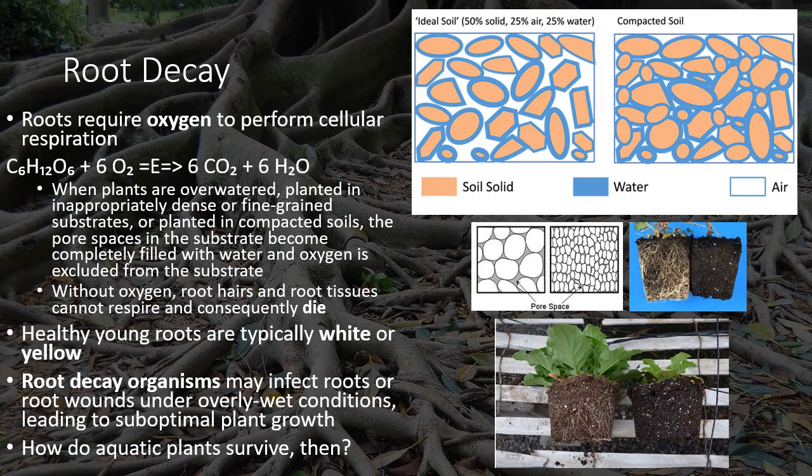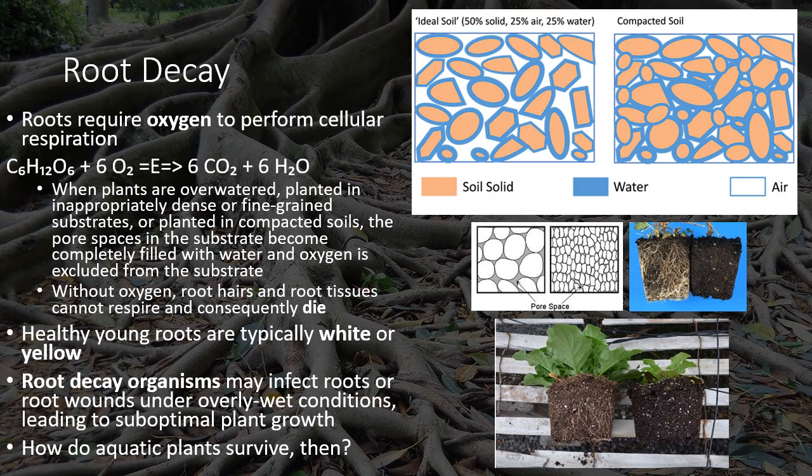When you have really tiny pore spaces and a really fine-grained substrate, all those granules of substrate pack together, and they really prevent there from being very much pore space. So plants don't tend to do as well in really fine-grained substrates. So that's another way: an inappropriately fine substrate.